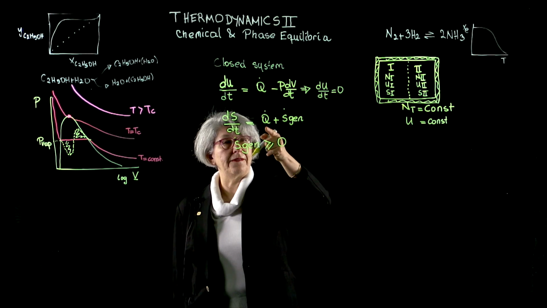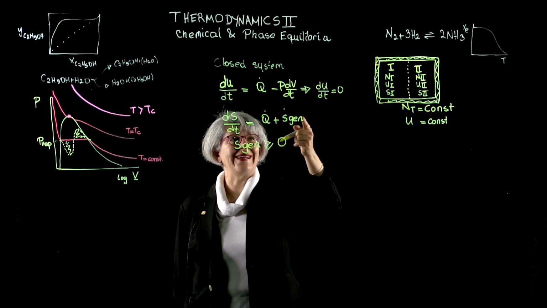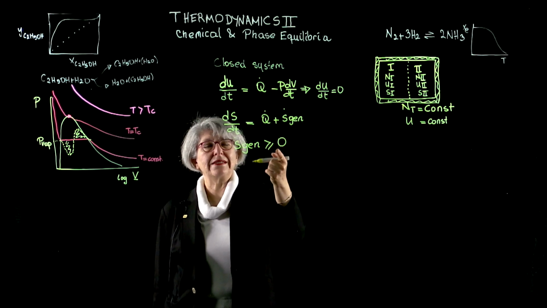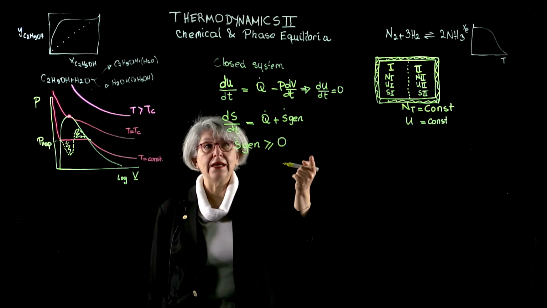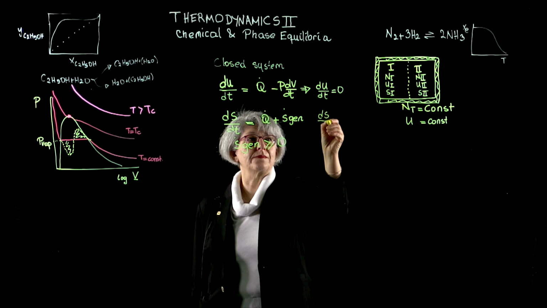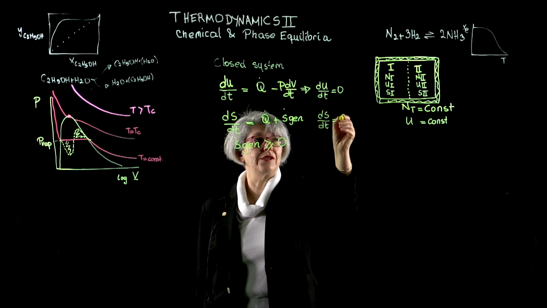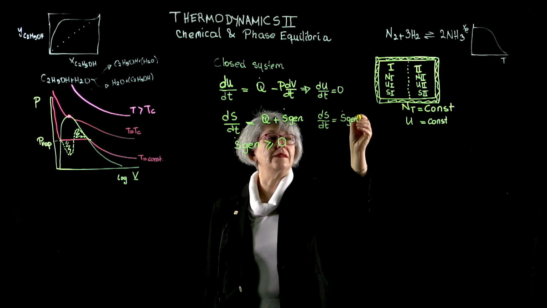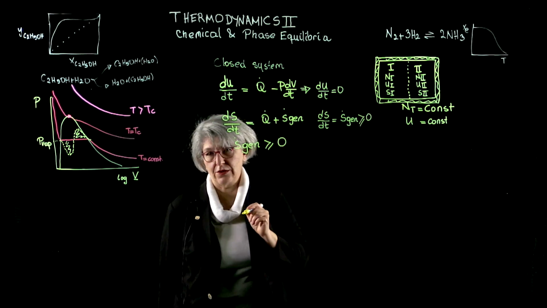And we have ds over dt equal to S generated, which has to be greater than or equal to 0.